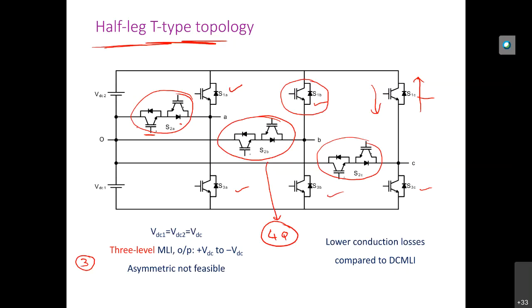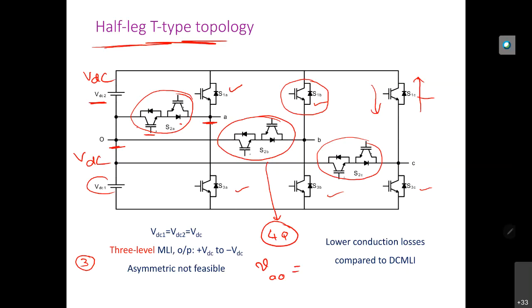Now the question is, this is a 3-level, right? Let's assume that this voltage is VDC and this voltage is also VDC. For example, if you want a voltage between A and 0, how to get VDC voltage?